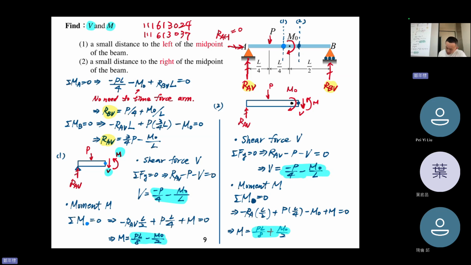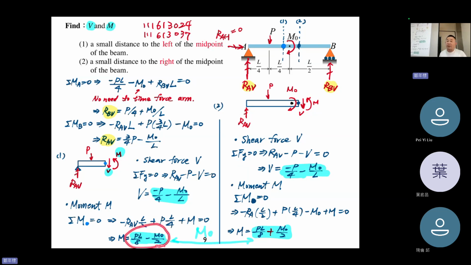Okay, you notice that the M here has a difference before M0 and after M0 is applied to the material. It will give you a moment difference of M0 itself. You see?